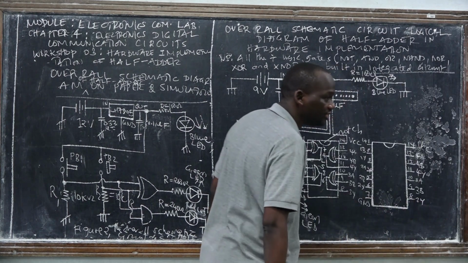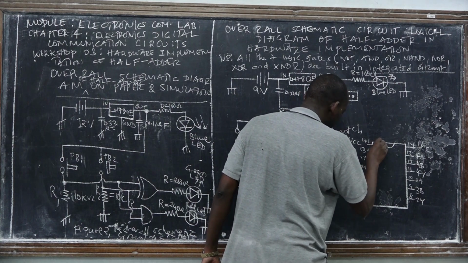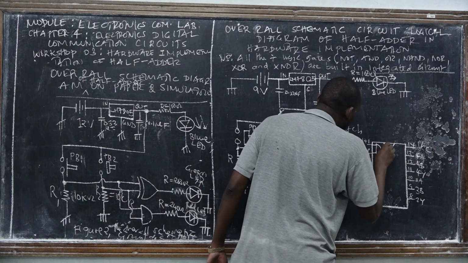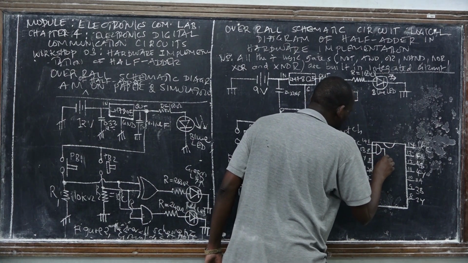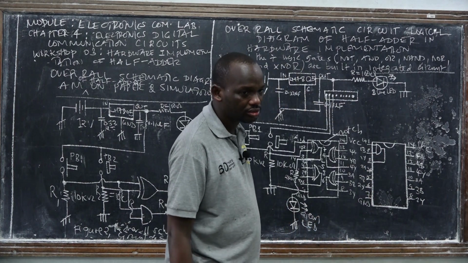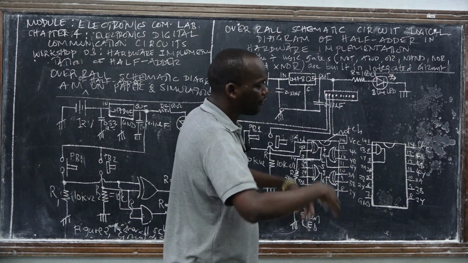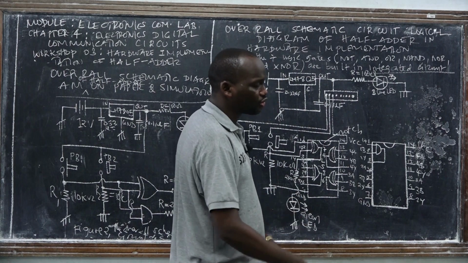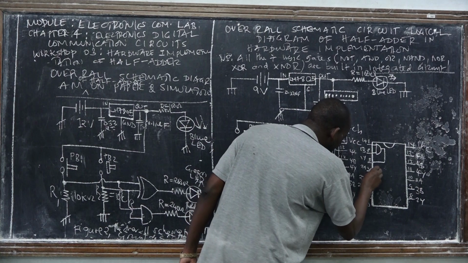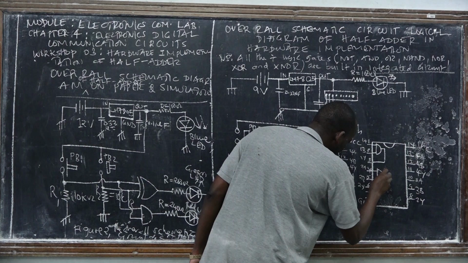Then I come to this case. Also, here we have four AND gates. My dear students, this is the fundamental of digital electronics and digital communication electronics. Then again here we have the inputs of another AND gate.